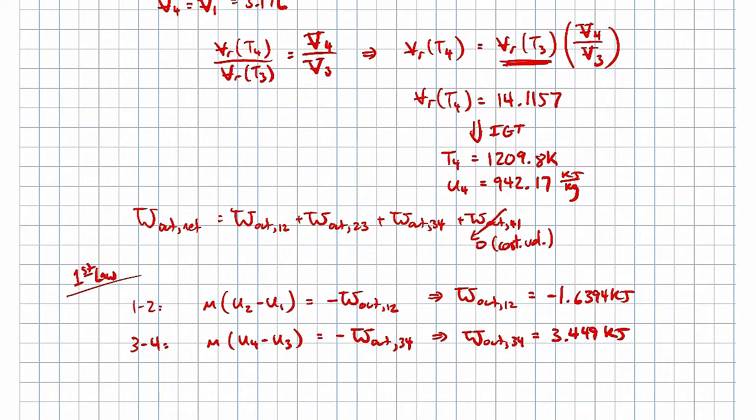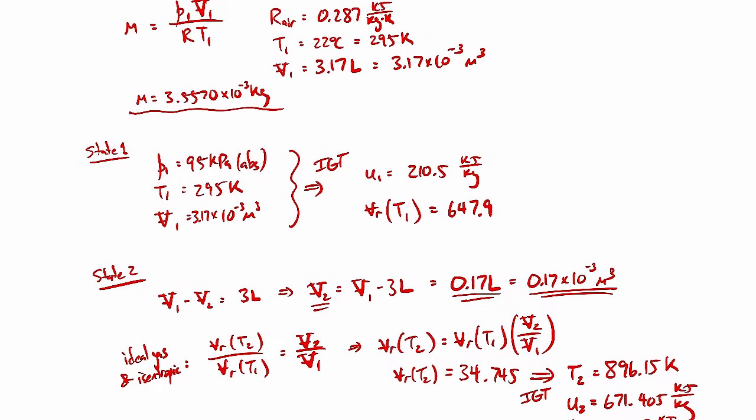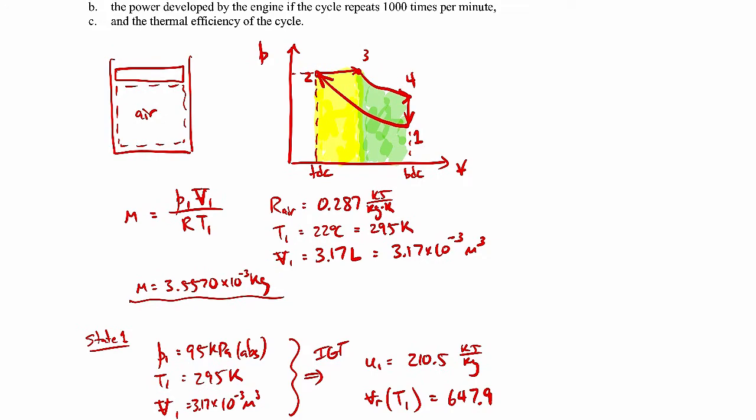Now let me address what's happening from 2 to 3. Go back up to our picture. Remember, this is a PV diagram. To find the work from 2 to 3, what I'm going to do is just integrate the yellow area under the curve here. If I use the first law, the problem is I've got a heat transfer.